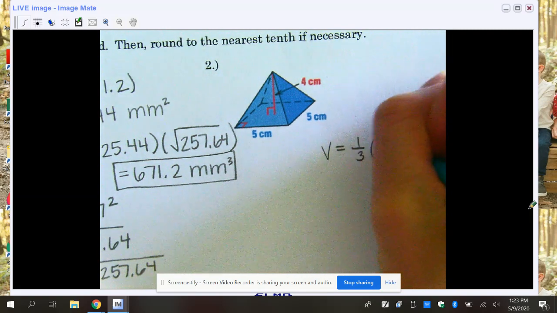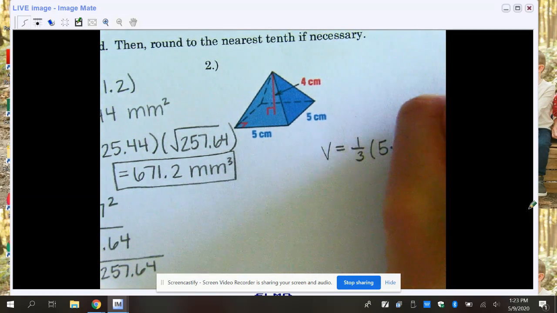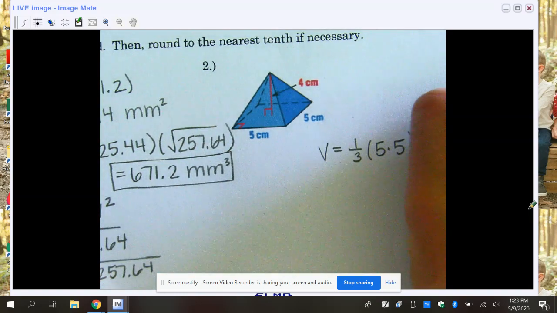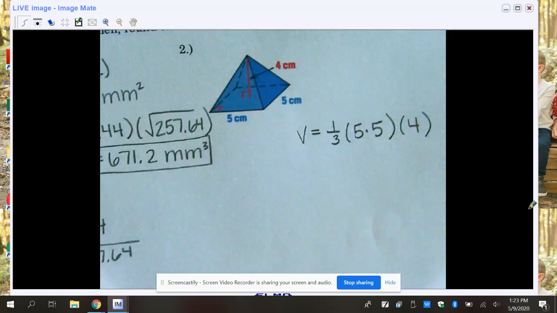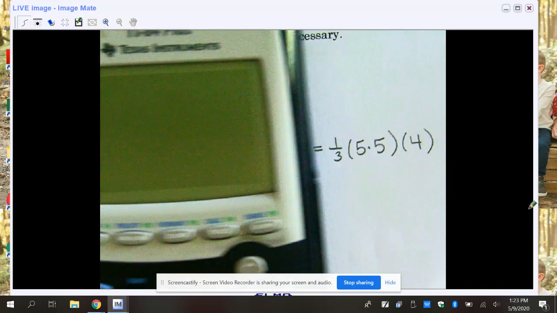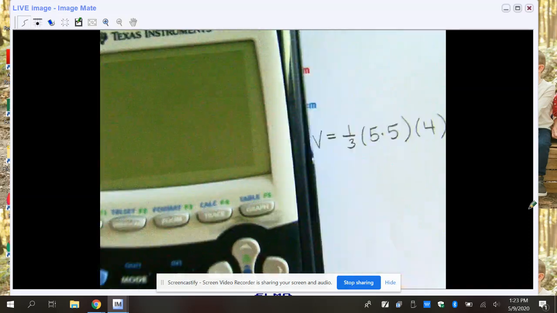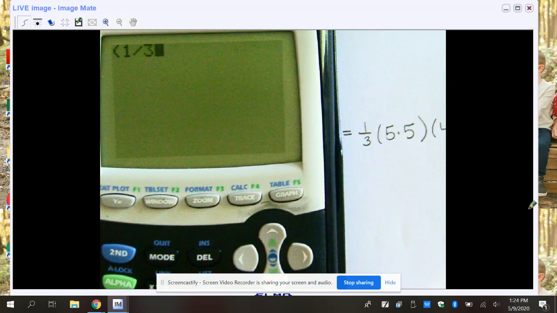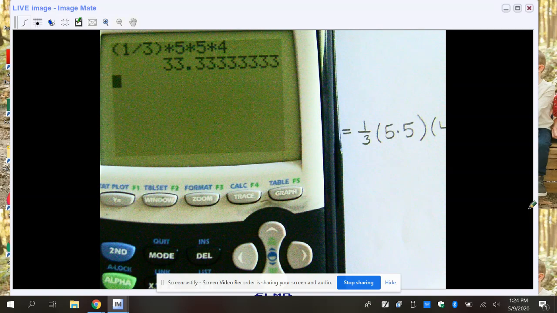So 1/3, the area of the base is going to be 5 times 5. The height is 4. The first thing you want to do on your calculator is if I type in 1/3 times 5 times 5 times 4, I get that repeating decimal.